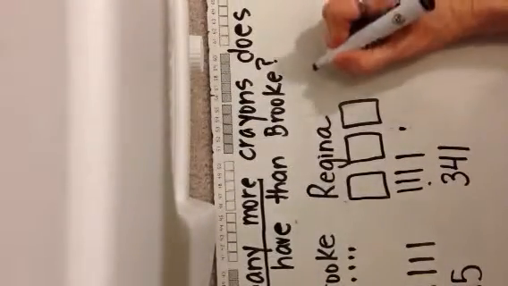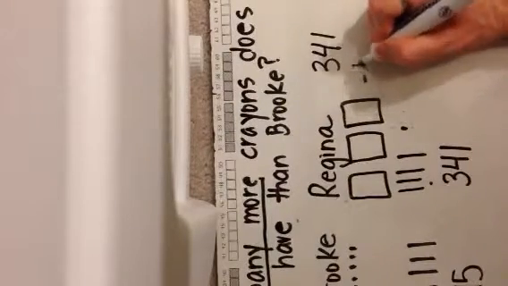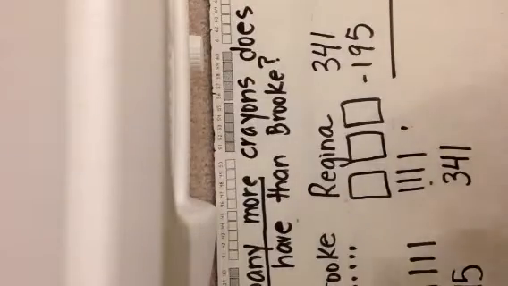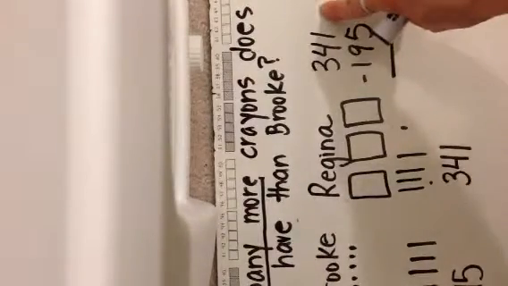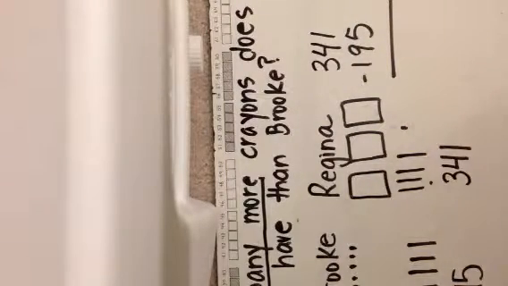Okay, I had friends who set this up correctly. Again, I gave them partial credit for that. If they at least set this up, then I know they understand how to set up the problem. It would have been 341 minus 195.